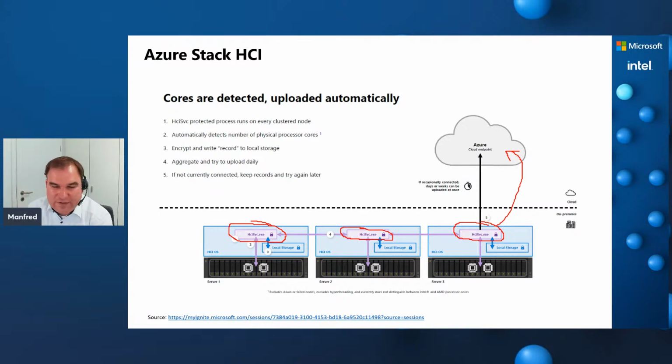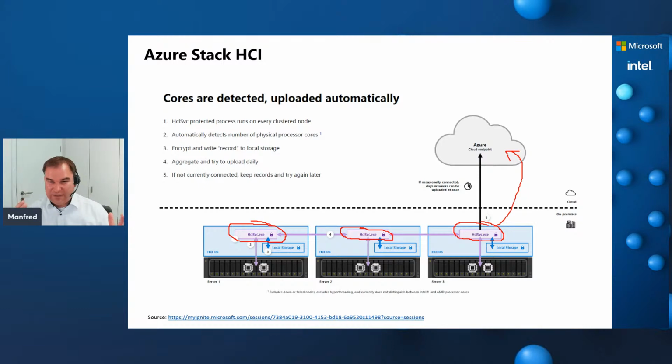We have a consumption-based subscription, and the costs are calculated based on the number of physical cores in the node. This means this service looks at every node and checks the number of active physical cores, and these cores are reported to Azure for billing. The costs are $10 per core per month, per active physical core.